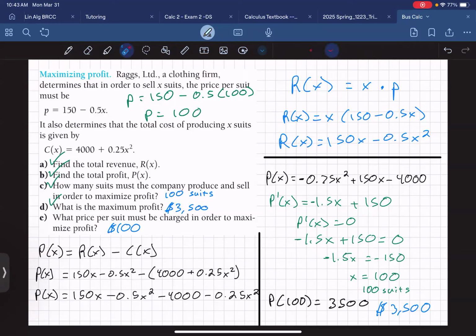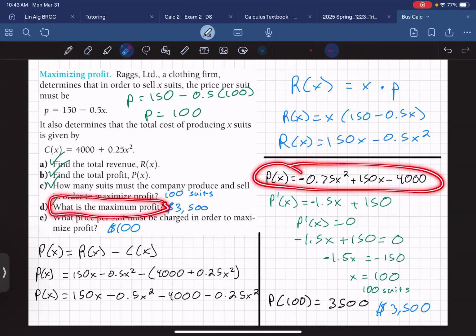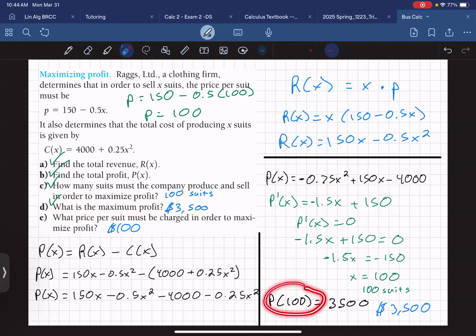So whenever you get here, just make sure you're going back and asking, what am I supposed to use? Because the previous one wanted us to maximize profit. That's why we were focused on our P of X, and why I plugged into P of X, to get to that profit piece. Here they said, what is the price per suit? So we go back up to the beginning, where the price per suit was given to me.